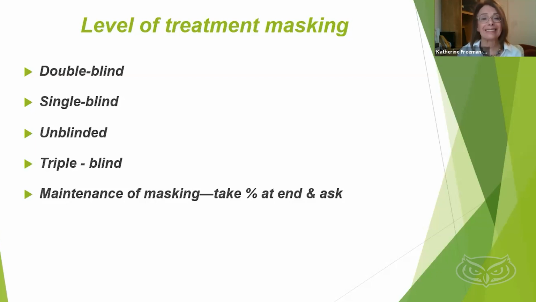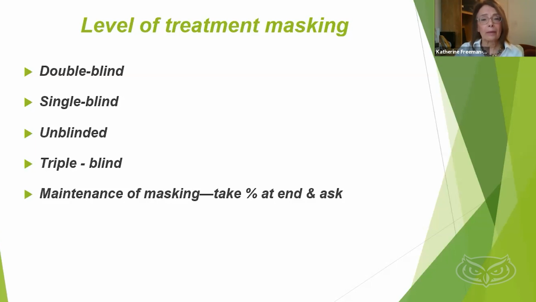So you can provide data from different patients and clinicians, and they would not know what treatment the patient is receiving, but also who is going to be looking at the laboratory tests, which may, in the case of HIV infection, reveal the viral load, CD4 count. So that evaluator would be masked to treatment group.